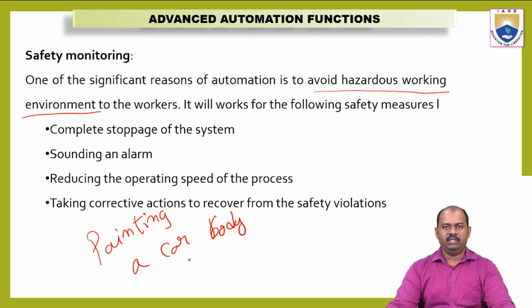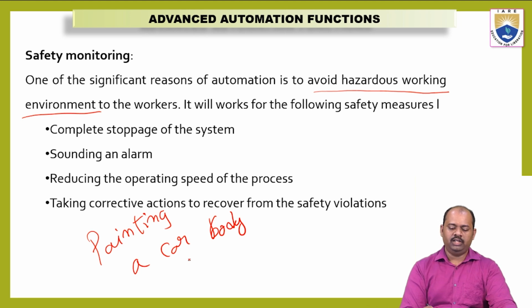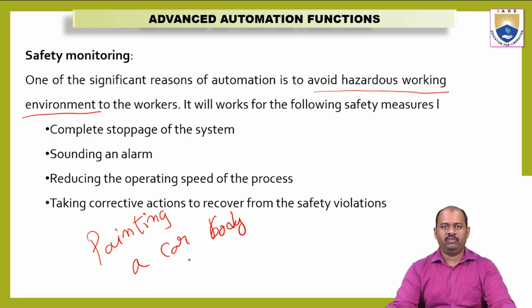Normal painting is very simple and conventional, and it takes more time. Instead of conventional painting with hand and brush, we will use a spray jet painting machine in car manufacturing systems. Here the painting will be done with the help of a jet spray where we use compressed air. This compressed air will blow the paint into the nozzle.